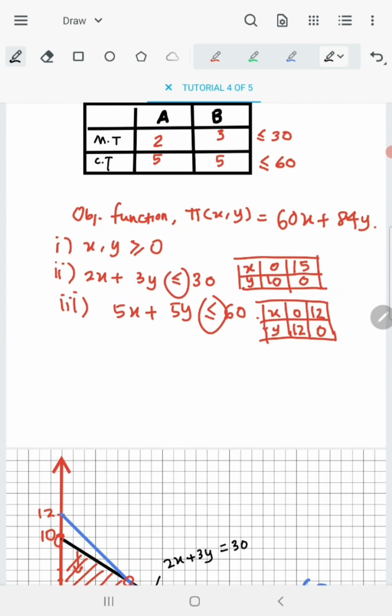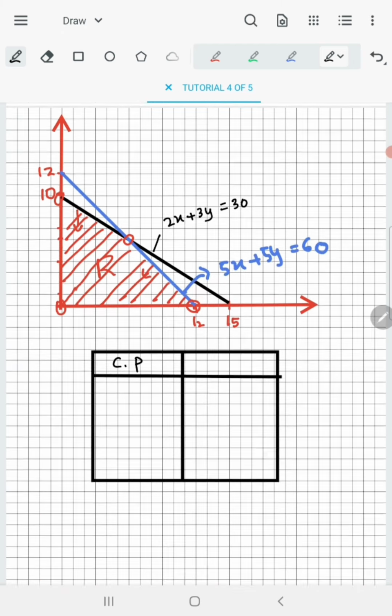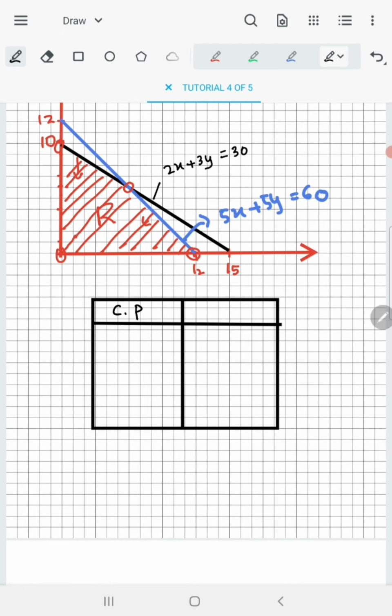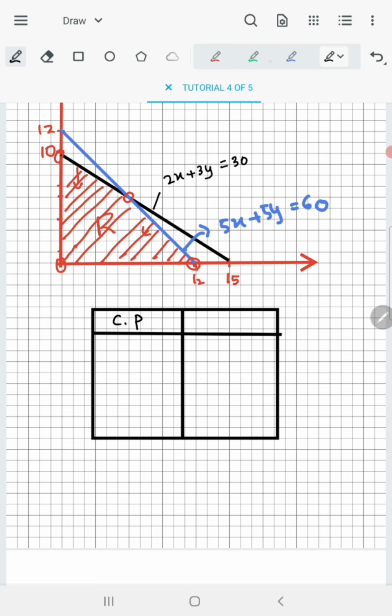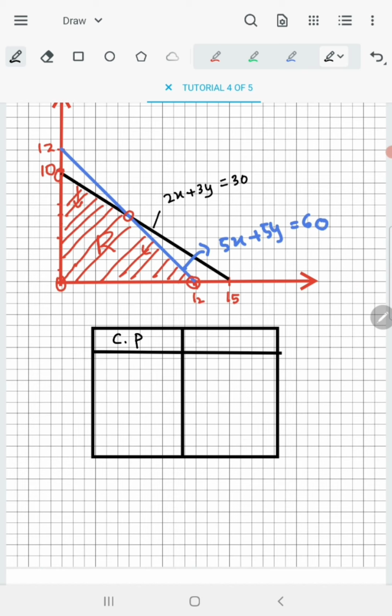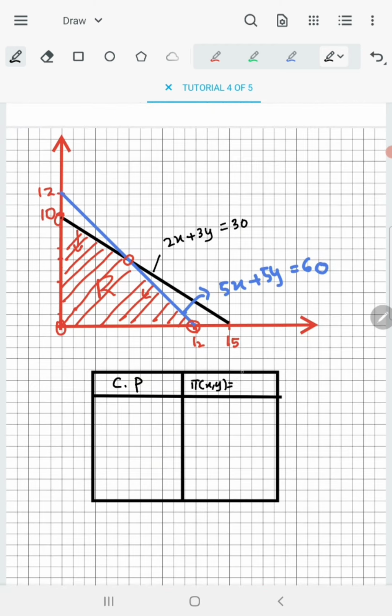So the objective function is 60x plus 84y. So our profit goes to 60x plus 84y.